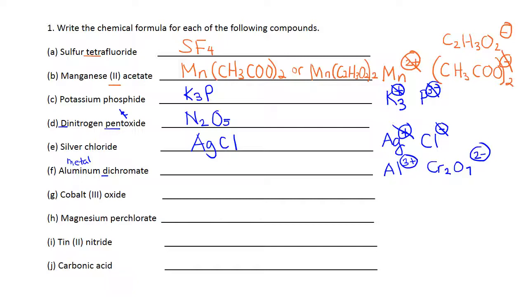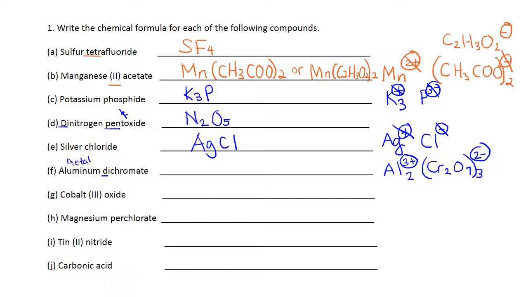So that's not balancing out, so I need 2 of aluminum to make it +6, and I need 3 of dichromate to make it -6. Remember, when you have a polyatomic ion, you have to treat the whole thing as a unit, 1 unit. So don't get confused by the 7 after oxygen. It's one thing. Each whole thing has a charge of -2.